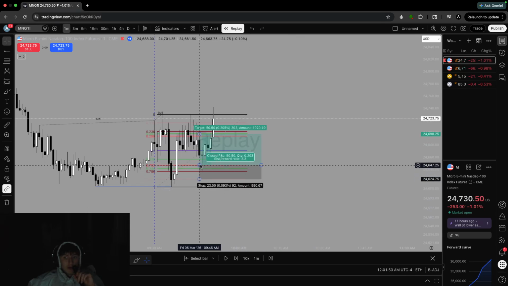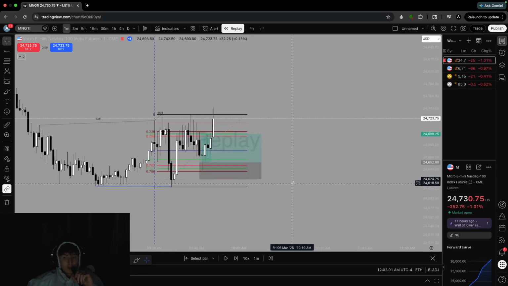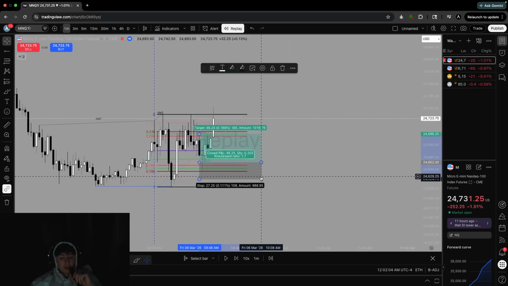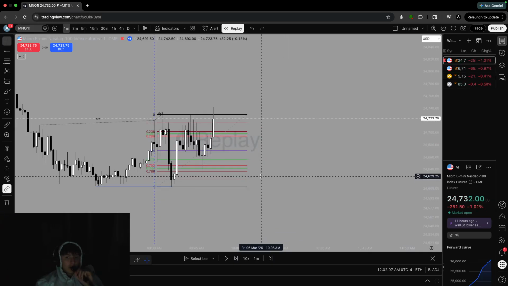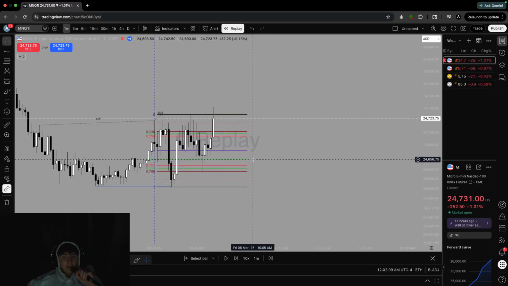One entire R just based off that entry right there. Maybe what we do is we do partials, okay? We have half the position here, and then we double down right here. So we go 5 here, 5 here.